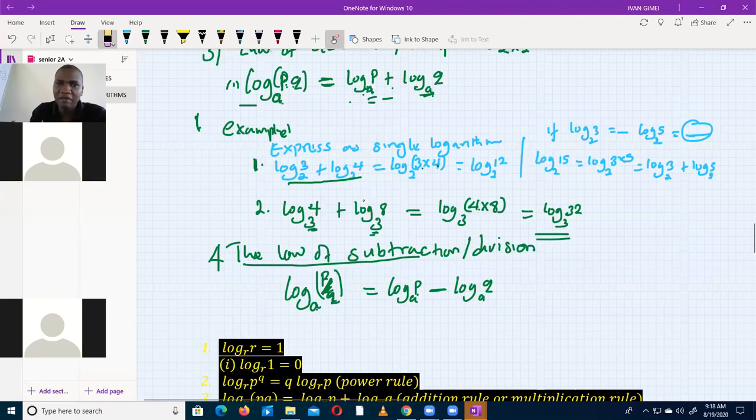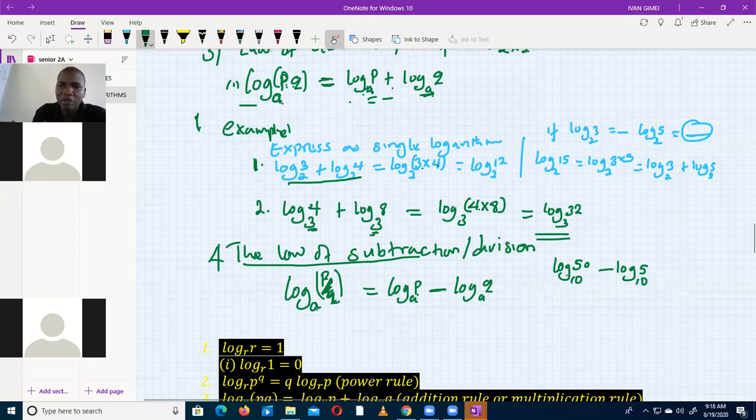If you have, let's say, log of 50 base 10 minus log of 5 base 10, they can say express this as a single logarithm, or evaluate, or simplify, anything like this.